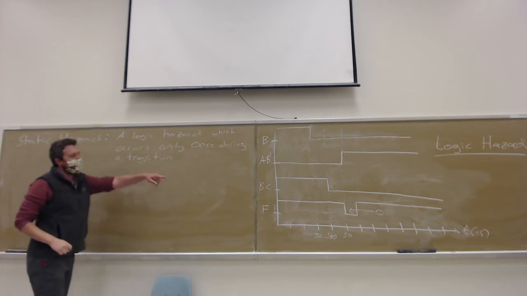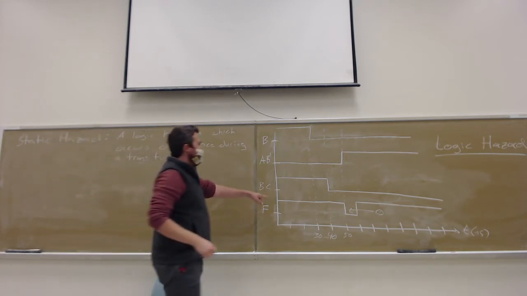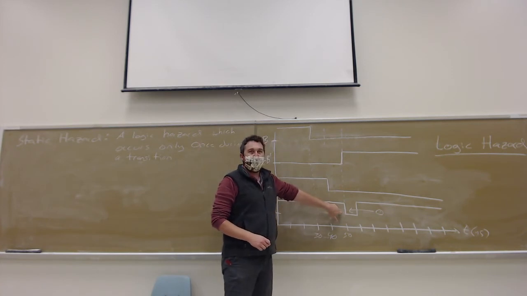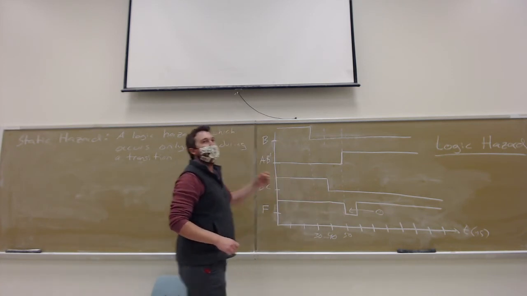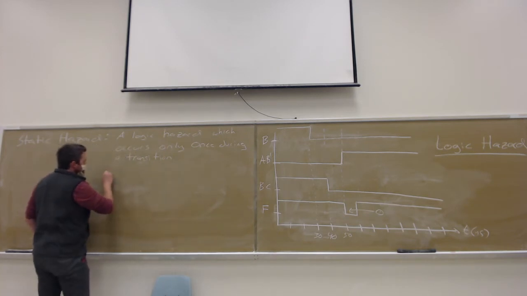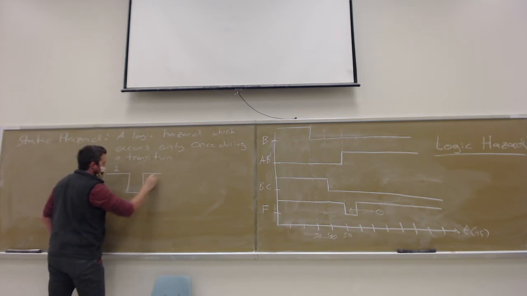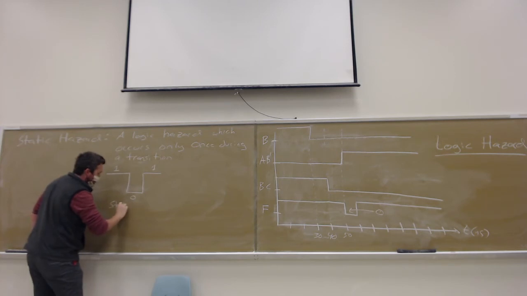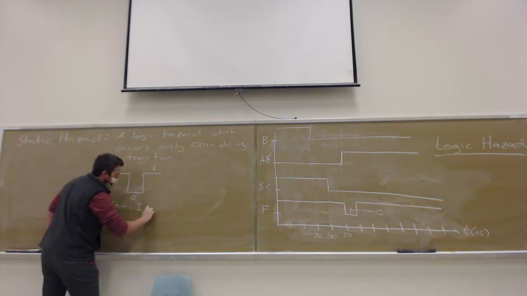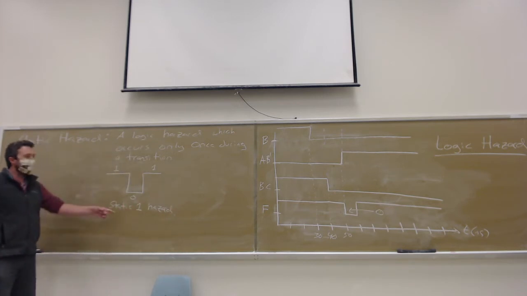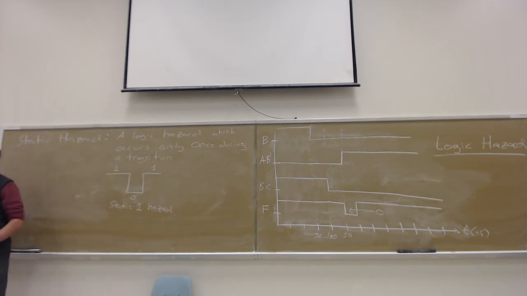Right? This is an example of a static logic hazard, right? The transition happened, and we only had one instance of a thing going wrong. We went to 0 and came back, right? So, the terminology is, if it's at 1, and it momentarily drops to 0 and goes back to 1, we refer to that as a static 1 hazard. Right, it should be 1, and it jumped away from 1.